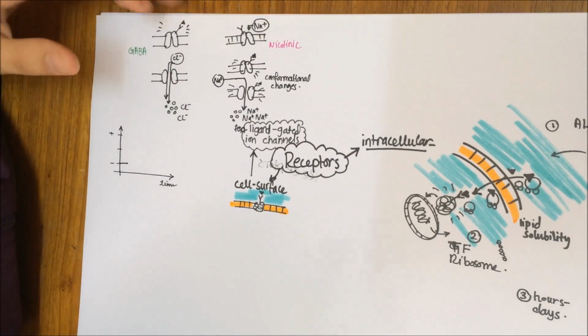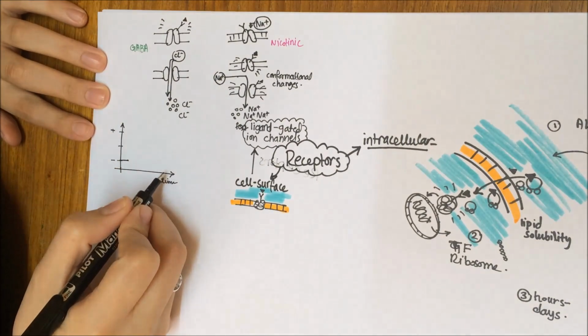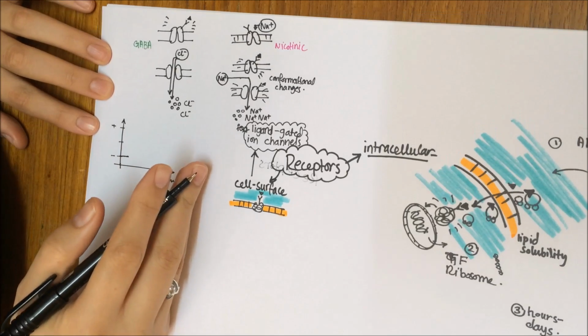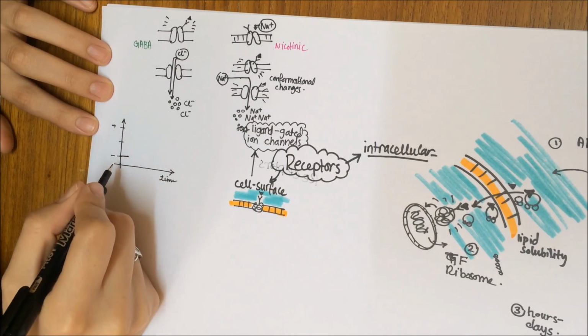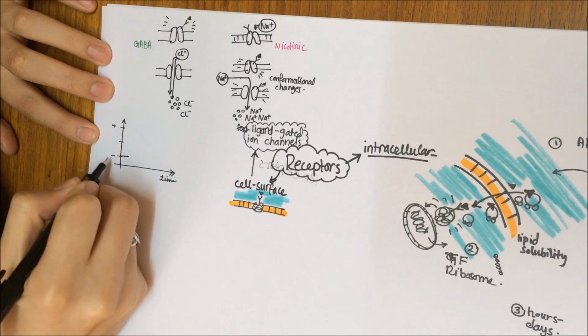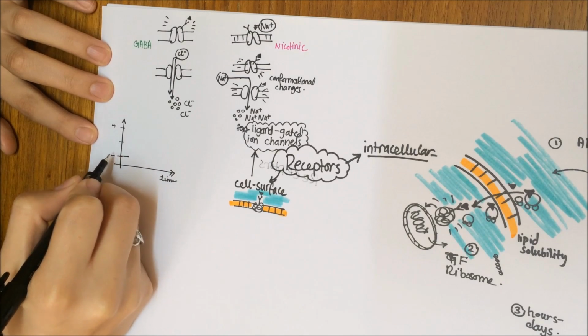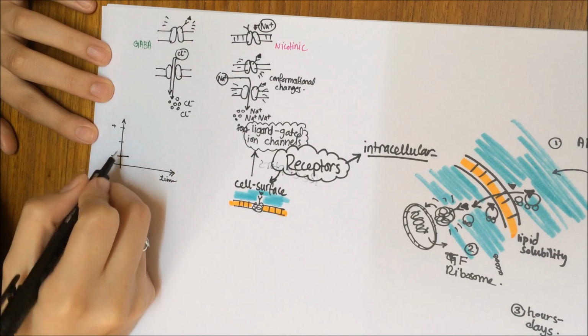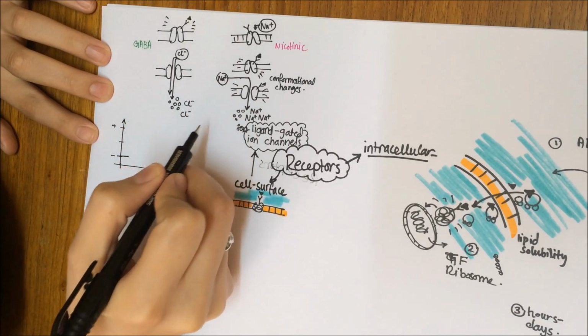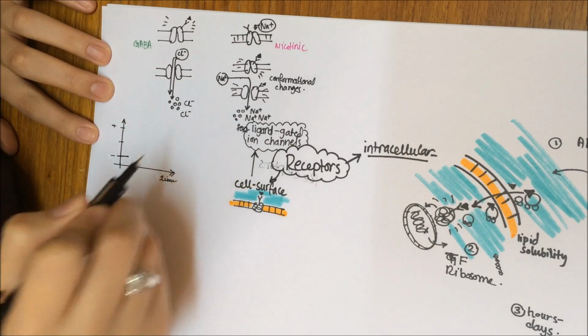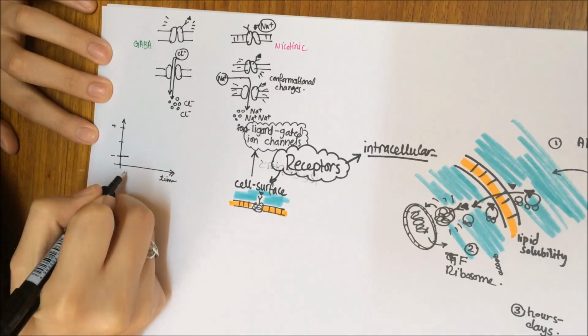How is that? Let's go back to the physiology of the cell, to the physiology of the action potential. Now remember that the cell at rest is in the negative voltage. Okay, if you are taking the inside of the cell, the voltage, the charge of the inside of the cell, it is usually negative.